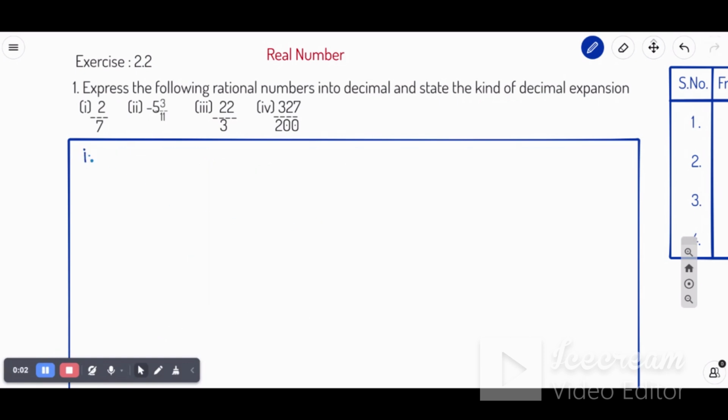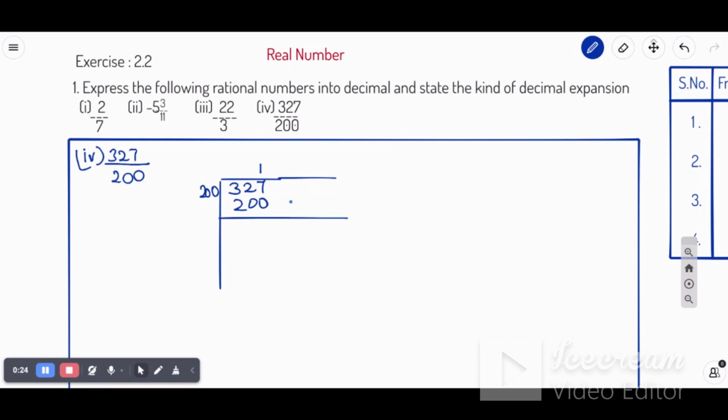The fourth question, and the final question, is 327 divided by 200. It's a bigger number, but anyways, we'll do it. We have to divide it carefully with the 200. So just be careful with the 2 table. 200. So I am expanding it, and then 200 is 200.